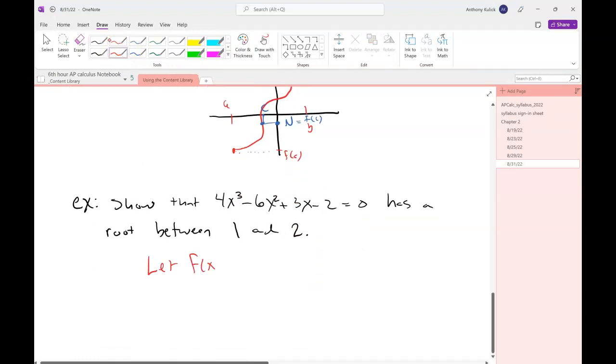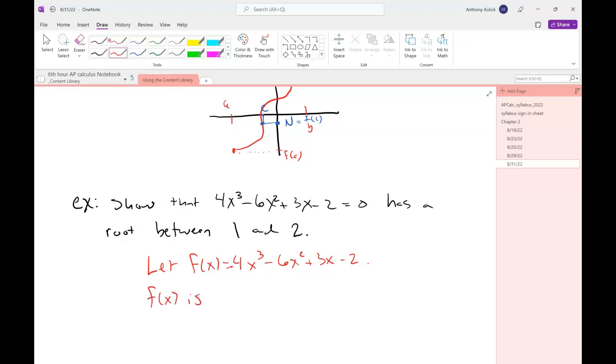So let's just call f of x equal to 4x cubed minus 6x squared plus 3x minus 2. What type of function is f of x?